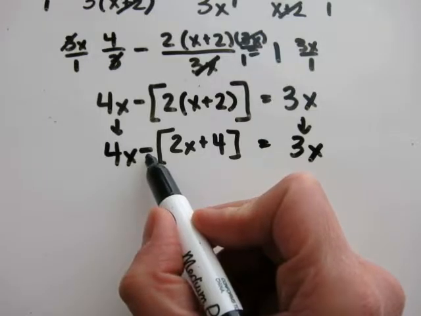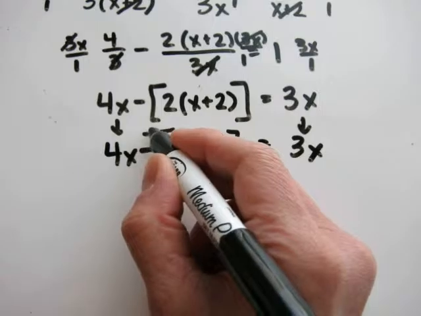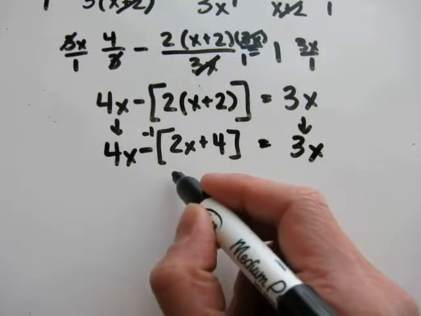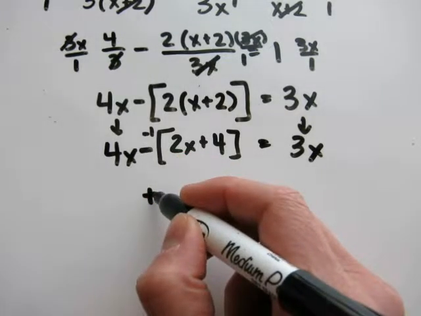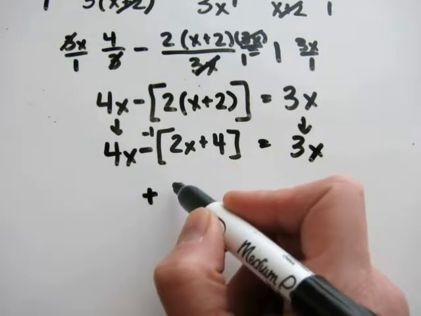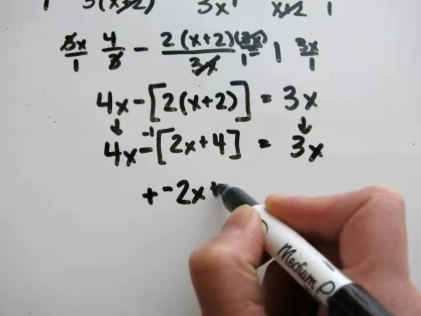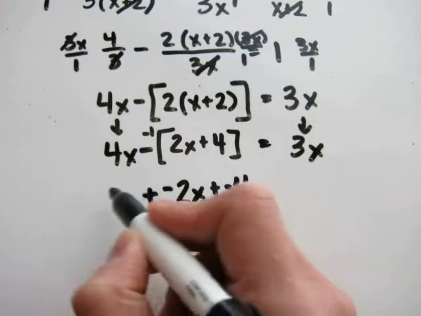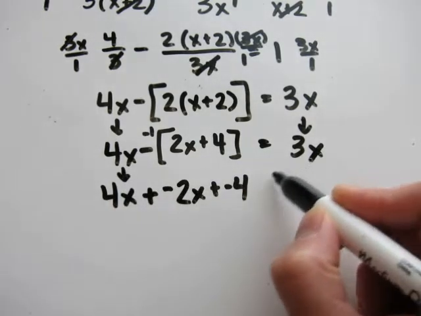Now I'm subtracting and I don't want to get my signs confused, so I'm going to multiply negative 1 times each of these numbers. That will turn my subtraction sign into an addition sign. Negative 1 times negative 2x is negative 2x. Negative 1 times 4 is negative 4. Carry that down again.